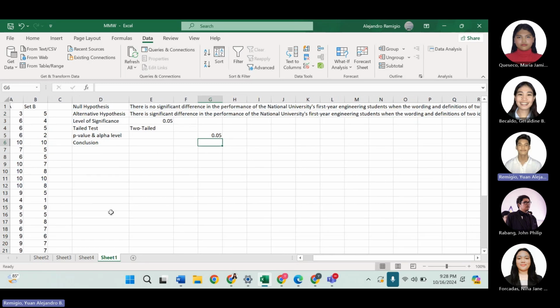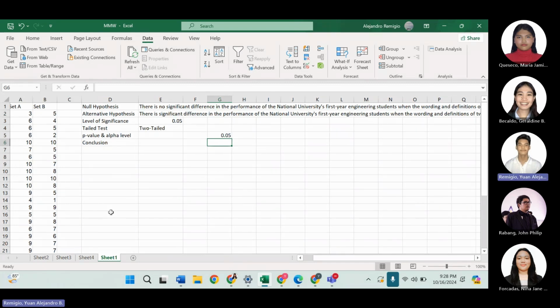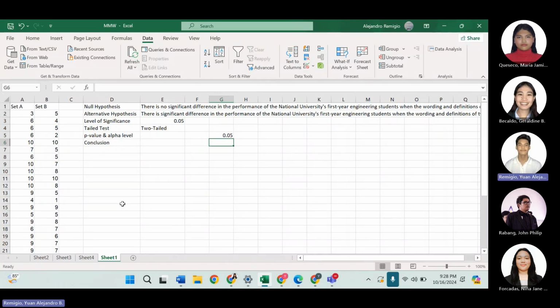If we find a difference, it indicates that there is only a 5% chance that this difference is due to random chance. Therefore, we can be 95% confident that any observed differences in scores are truly due to changes in wording. And as we proceed to our data analysis, let's welcome Ms. Forcadas to discuss the data analysis.